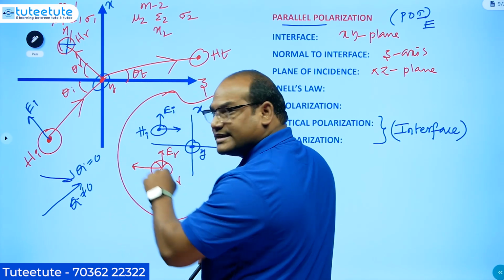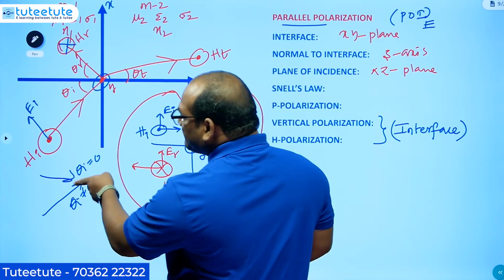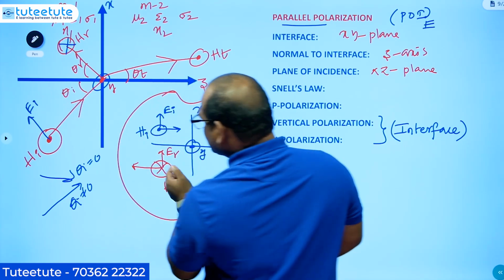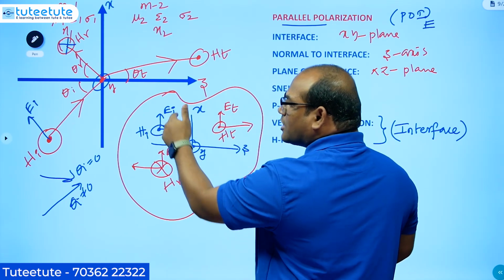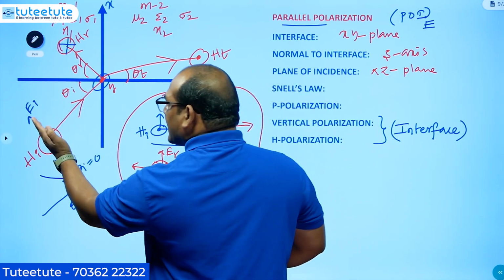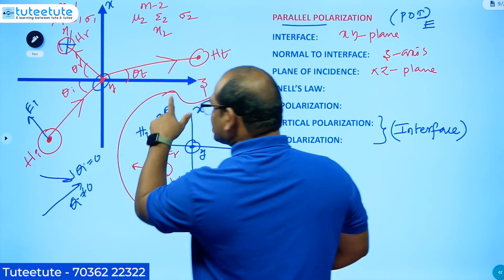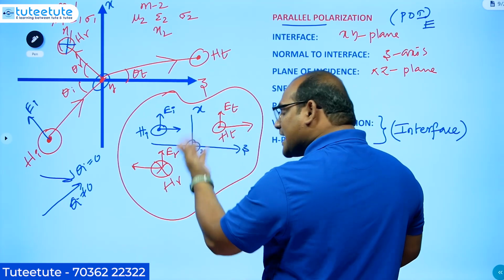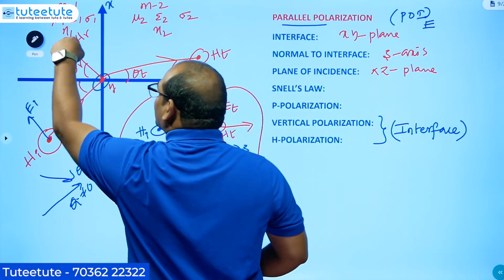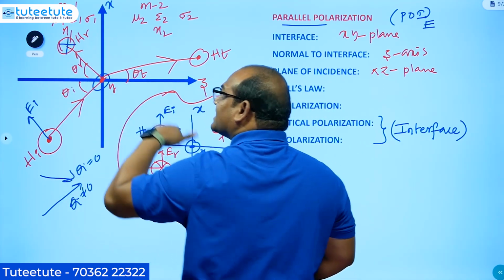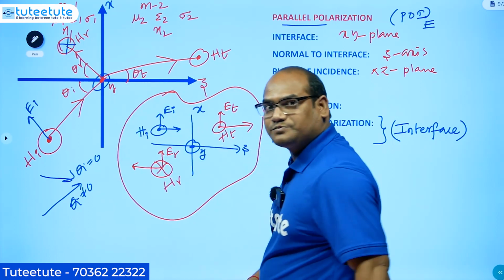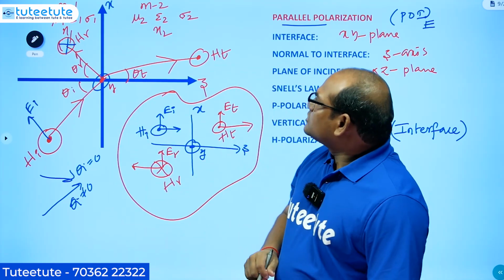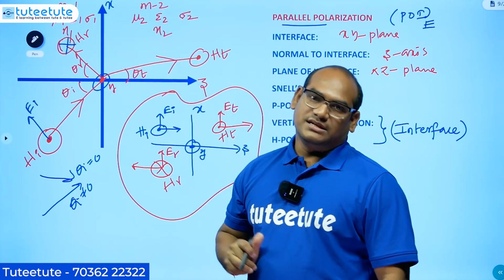By making theta equal to 0, the wave will be like this. This is the incident wave, so HI is coming outside. The electric field, instead of this one, will be oriented in the plus y direction, and it is going like this. As I said earlier, this magnetic field should be going inside. That is why here we are taking inside, and a cross circle will come. In this way we are representing all these things.